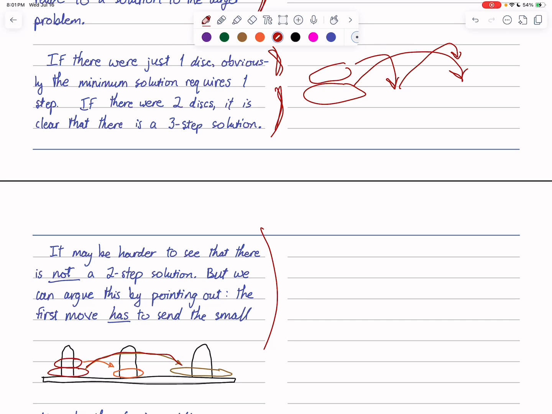So we've already said the smallest disk has to go to the second peg, and the bigger disk has to go to the third peg, and that's already two moves. Since those have to happen in order to work towards a minimum solution, there's no way to do it in two moves. There's an argument for why this is minimal: not just a solution, but a solution of a minimal number of steps.